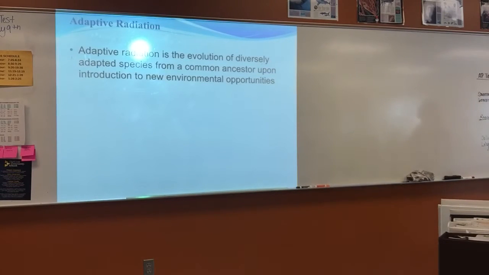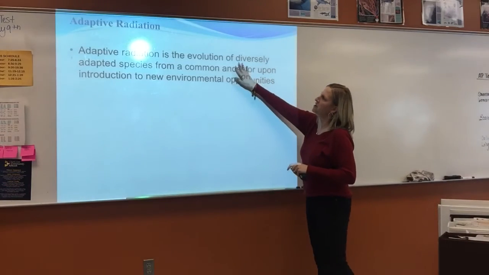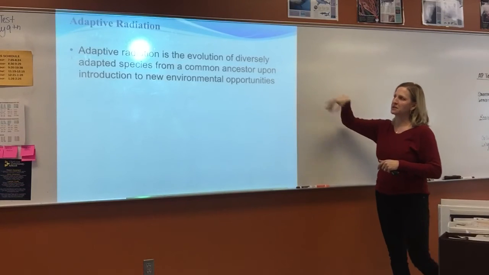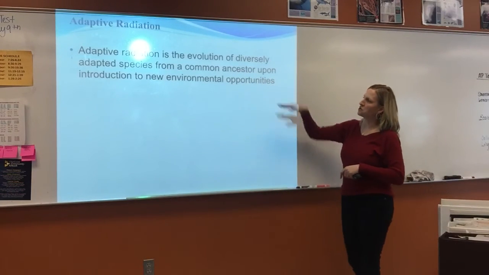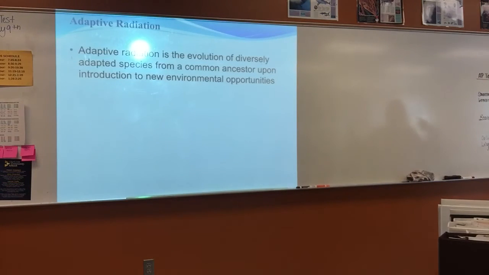Speciation can occur quite rapidly, and this is called adaptive radiation, the evolution of diversely adapted species from a single common ancestor upon introduction to new environmental opportunities. So sometimes if a new environment opens up, that single species can become many.